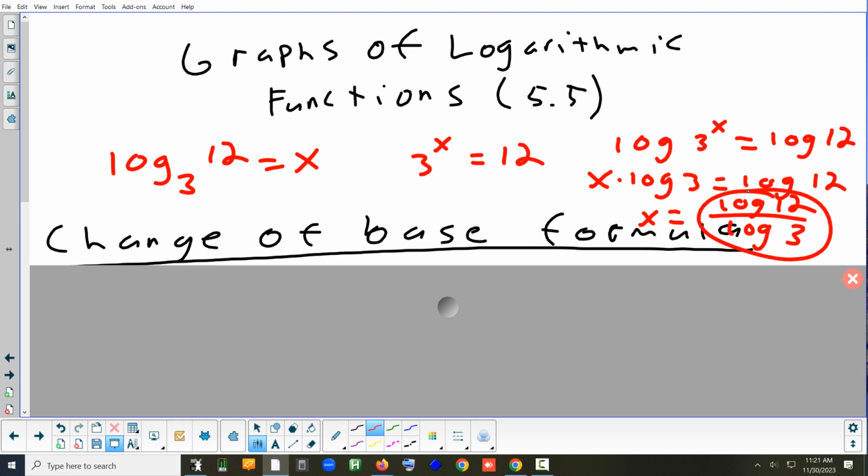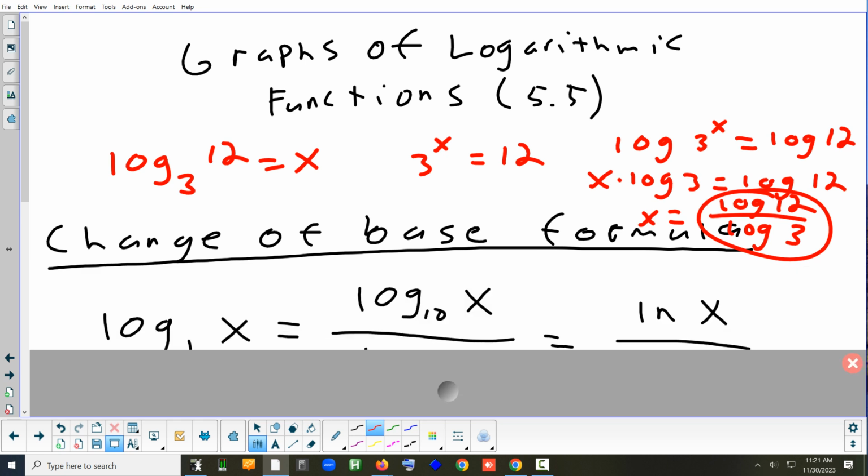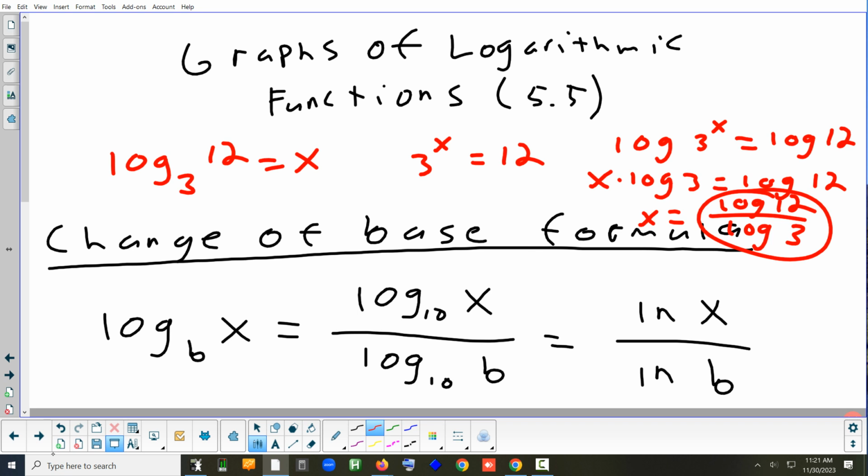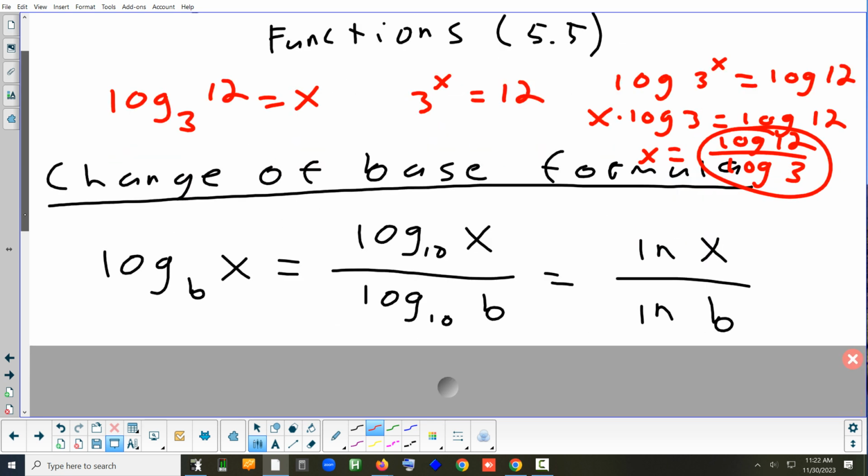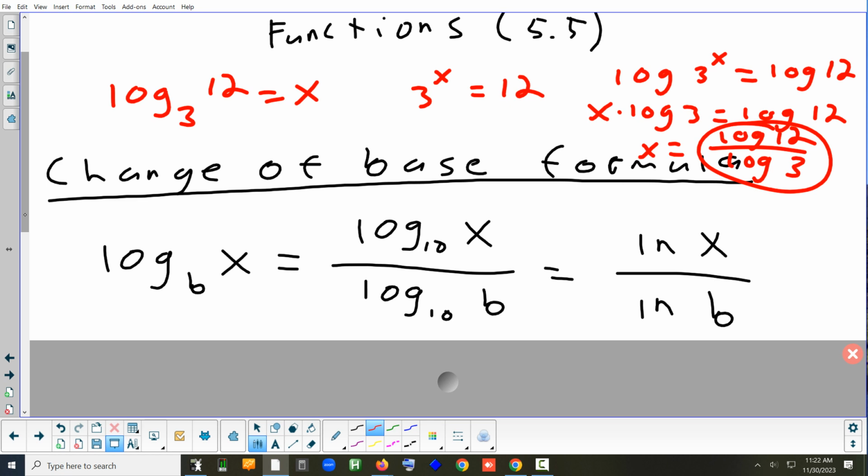The shortcut for jumping right to that without going through the steps in the middle is called the change of base formula. You can do it with either common log or natural log, and the answer will come out exactly the same. What's important, though, is that the x is up higher.